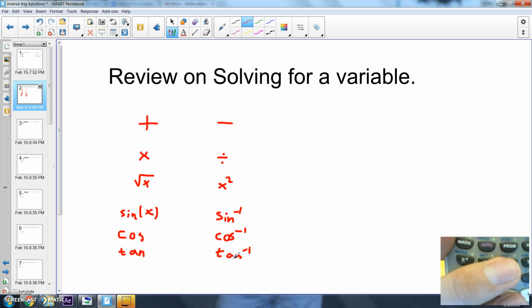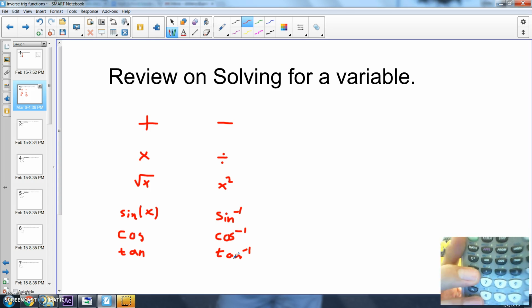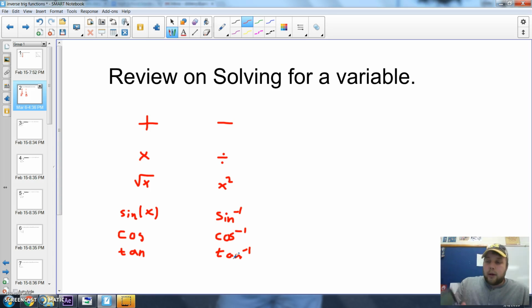You see in blue it says cos inverse, sine inverse. What I would have to do is hit the blue button first, and then hit the cos. In your case, it might be a second button. If it's written in orange, you have to hit the orange button to get those buttons written above. So that's how we do it. That's how easy it goes.